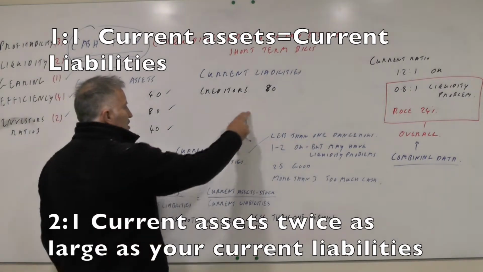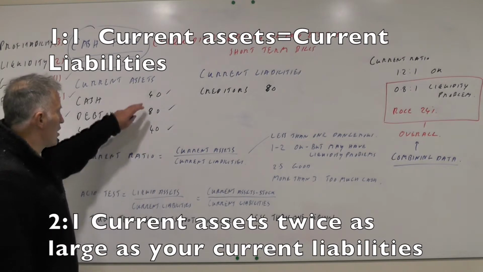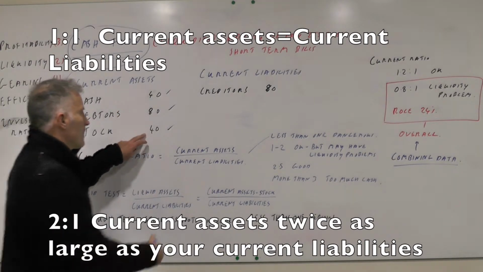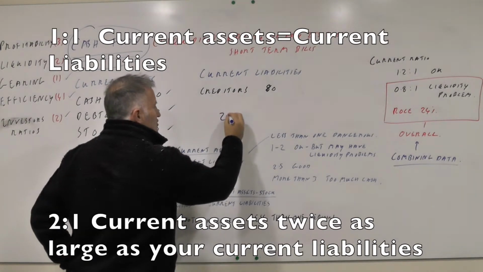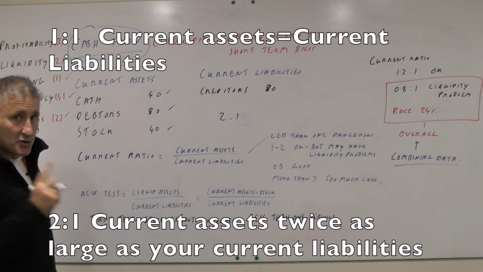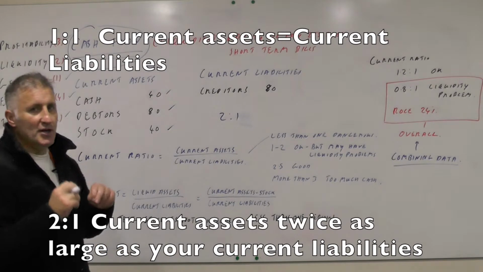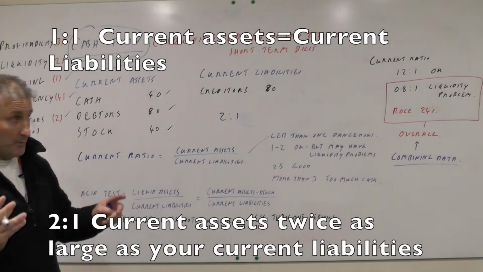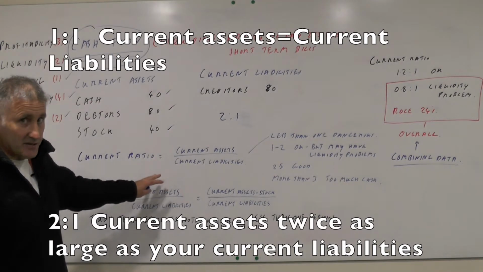In this particular example, we just add them all up: 160 divided by 80, and that would be 2 to 1. That tells us for every £1 of current liabilities, we have £2 of current assets, and we do not have a liquidity problem. So that is the current ratio.